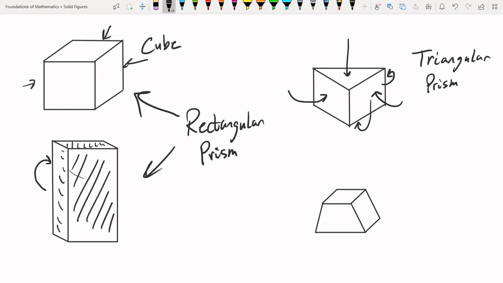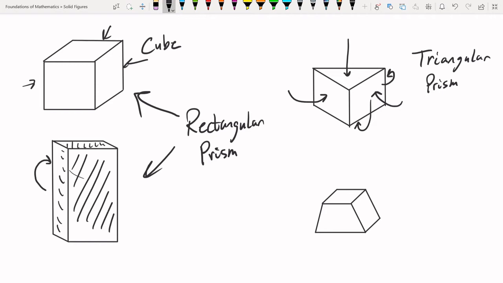So we call this a triangular prism rather than a rectangular prism with triangle sides. The triangle is the special shape, so we're going to define it using that triangle, and the triangular sides are the bases of the prism. That's going to become important when we look at volume.